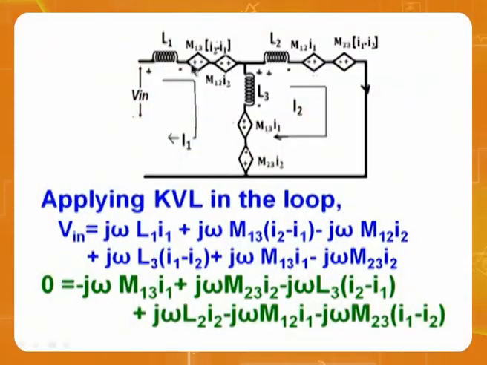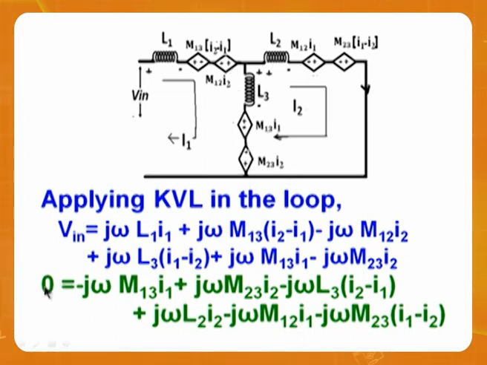Similarly, look at here. This only was done, and this also should be completed. J omega L3, what is the current flowing in this? I1 minus I2. Then j omega M13 I1, j omega M23 I2. So this is the completeness of this equation. Okay, this is the equation we have.